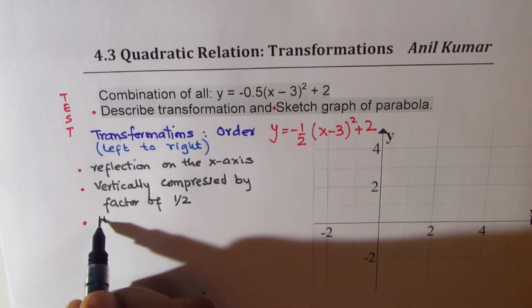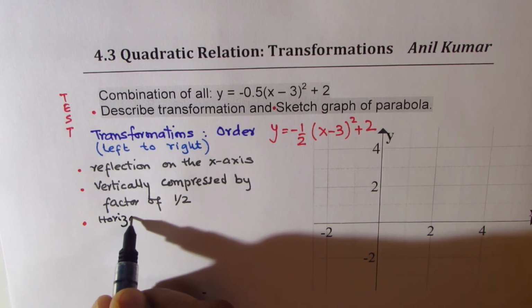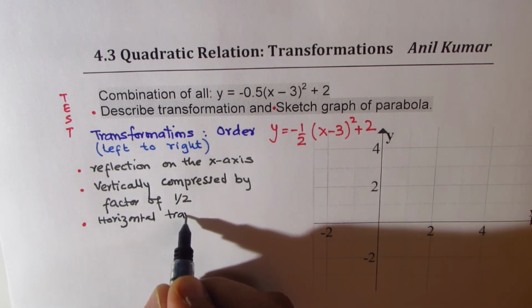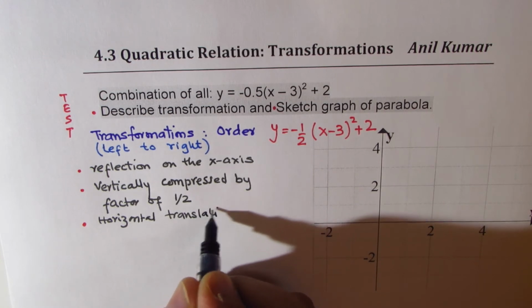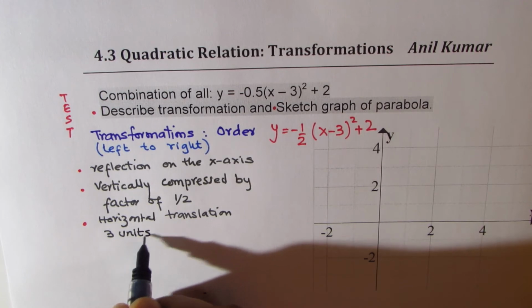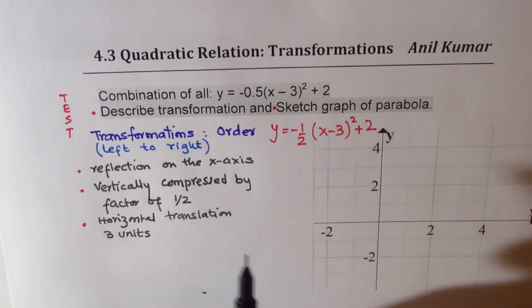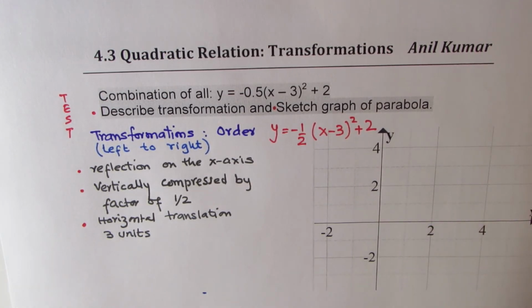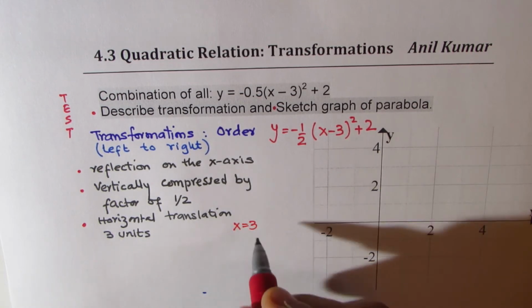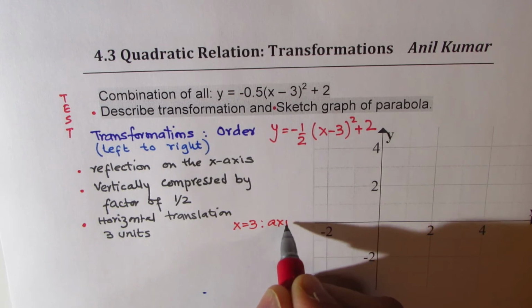It is horizontal, since you are inside the bracket. Translation 3 units. Which side? What makes it 0? So you know x equals 3 makes it 0, and this is also called the axis.